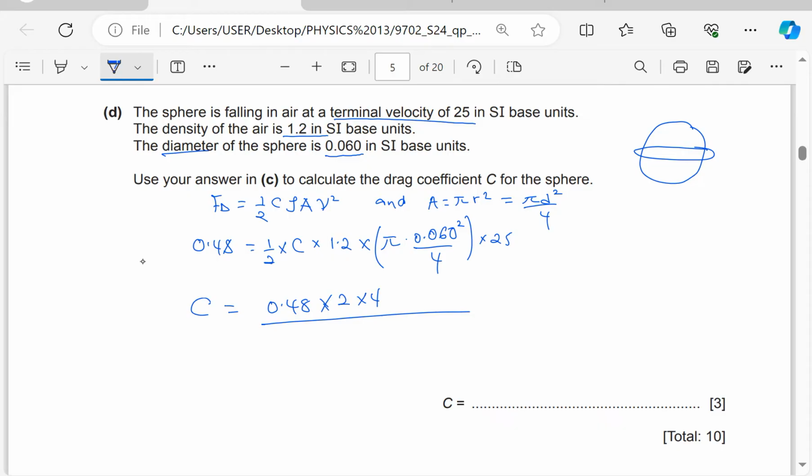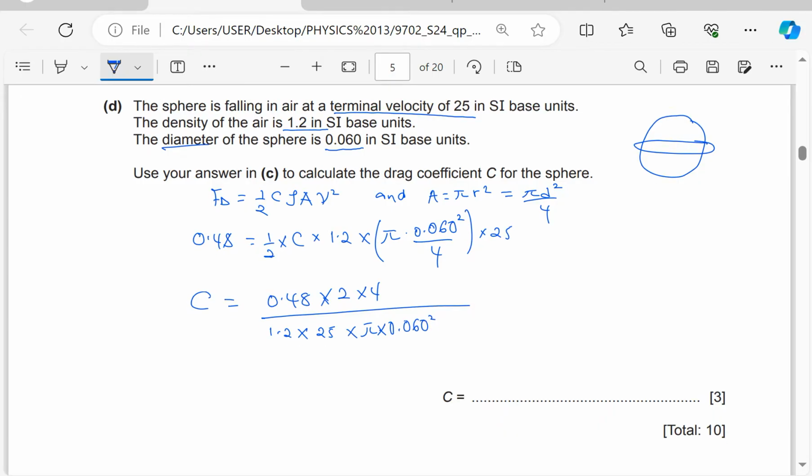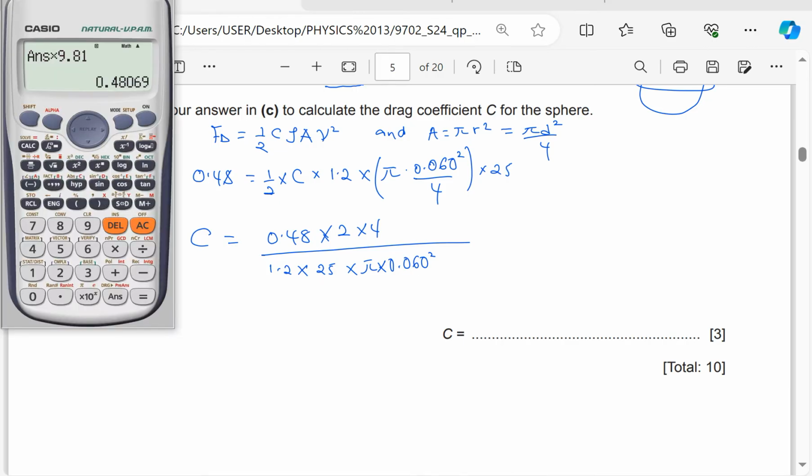In the numerator, I remain with 1.2 times 25 times pi times 0.060 squared. Okay, so let me just check my calculator. 0.48 times 2 times 4. So I'm going to divide this by open brackets 1.2 times 25 times pi times 0.06 squared.